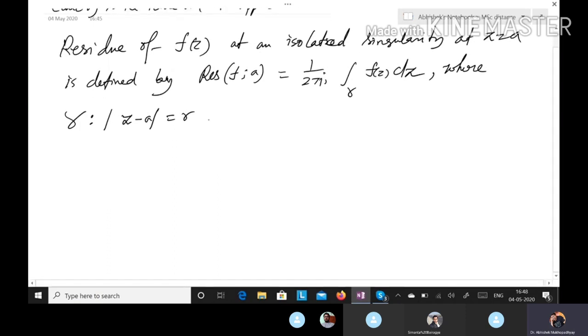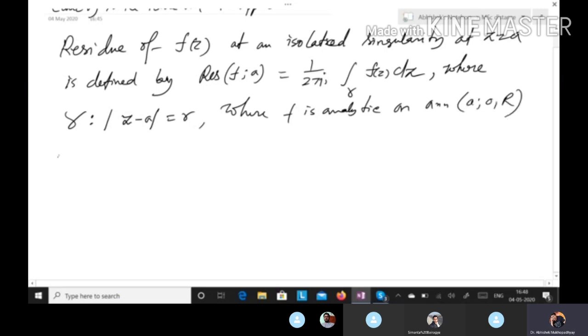So this is the definition, where f is analytic on the annulus A(a; 0, R), with 0 less than small r less than capital R. This is the basic definition of the residue of a function f having an isolated singularity at z equal to a.